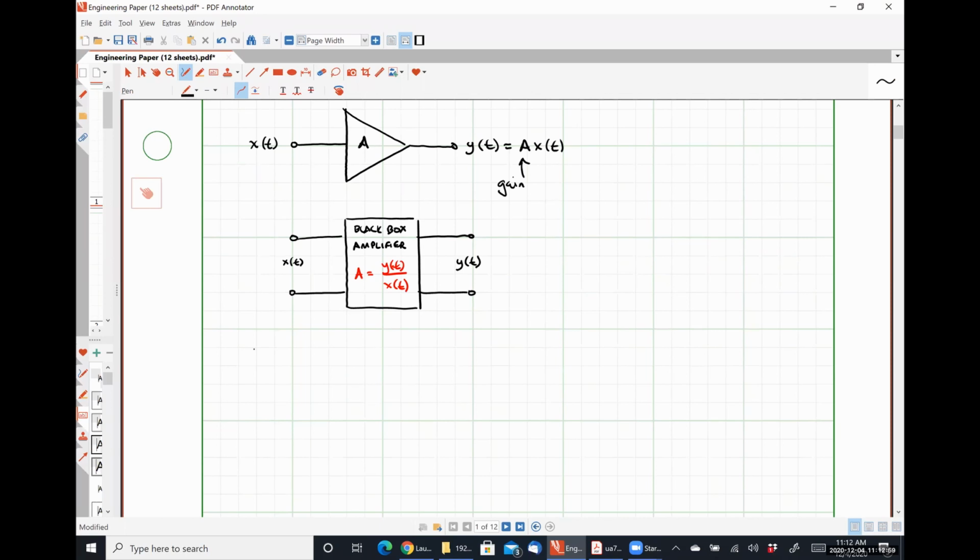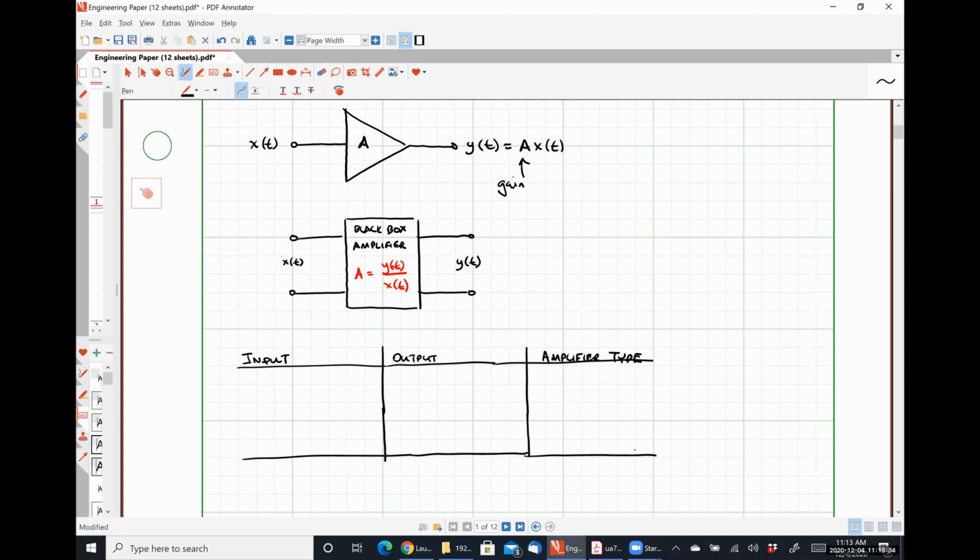So I'm going to make a simple table here. The most common type of amplifier, and the one that we're going to focus on in this class the most, takes an input voltage and converts it to an output voltage.